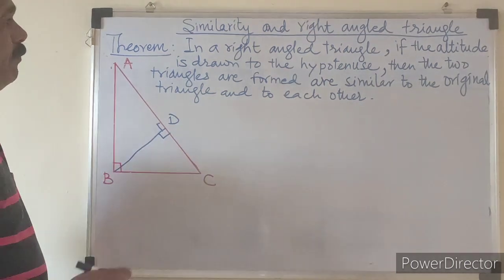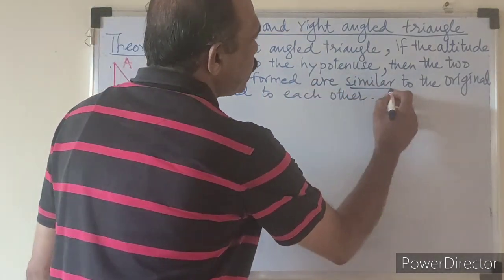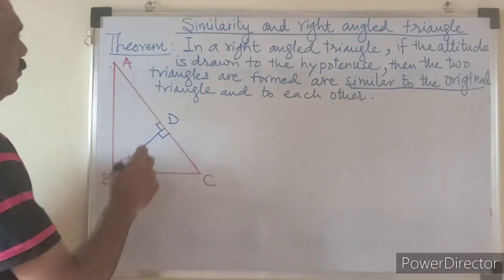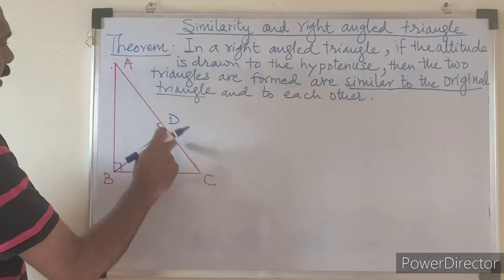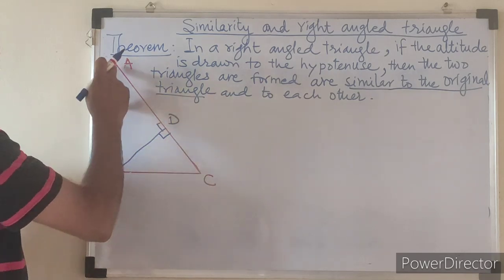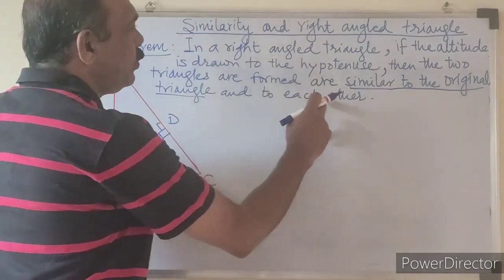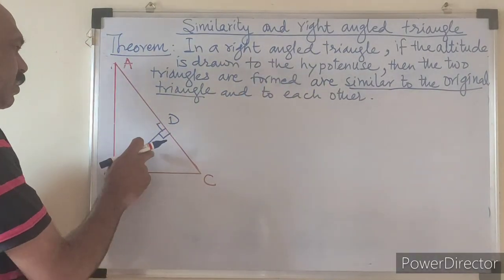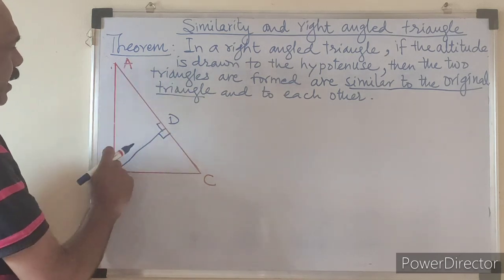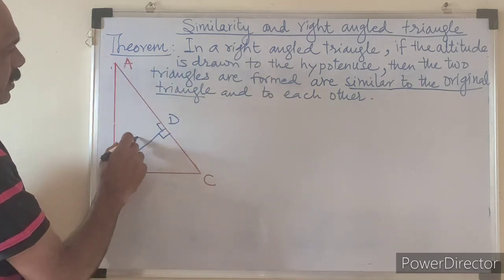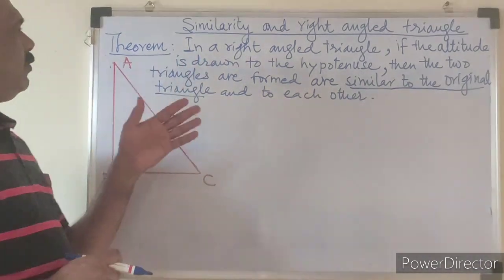These two triangles are similar to the original triangle ABC, and they are also similar to each other. That is, triangle ADB and triangle BDC are similar to each other. So this is the statement of the theorem.